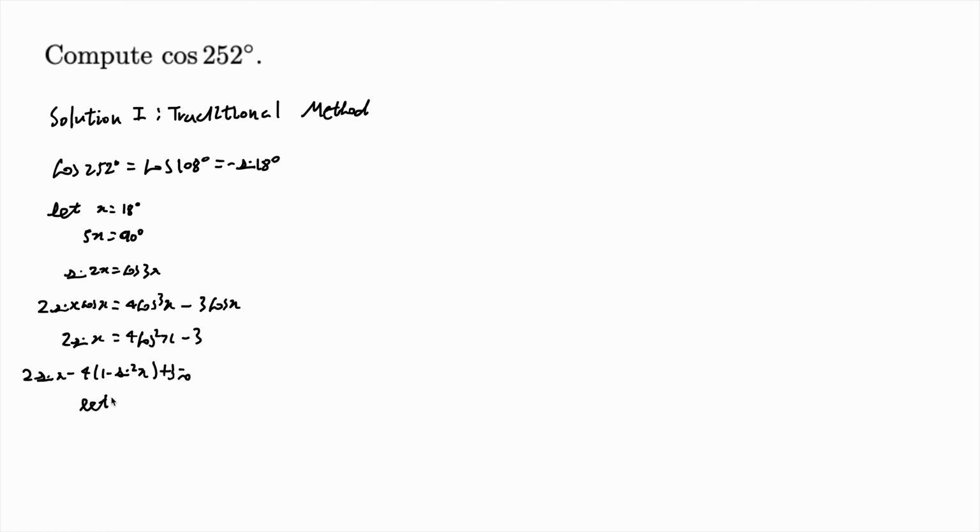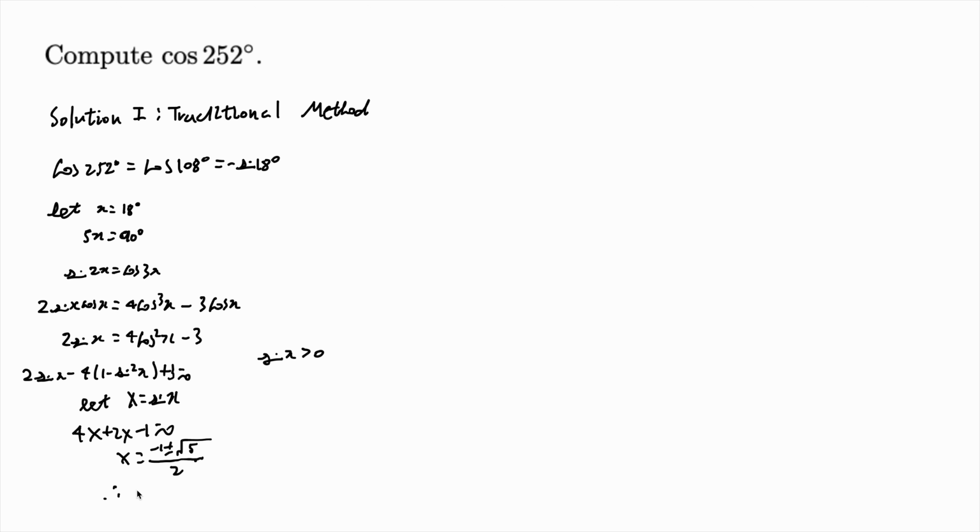Let x equals sine of x. We have 4x squared plus 2x minus 1 equals 0. So x is negative 1 plus or minus square root of b squared minus 4ac over 2. But notice that sine of x is greater than 0.